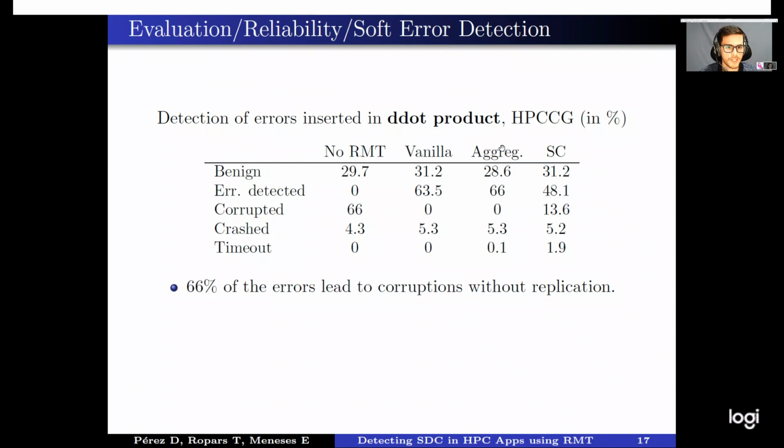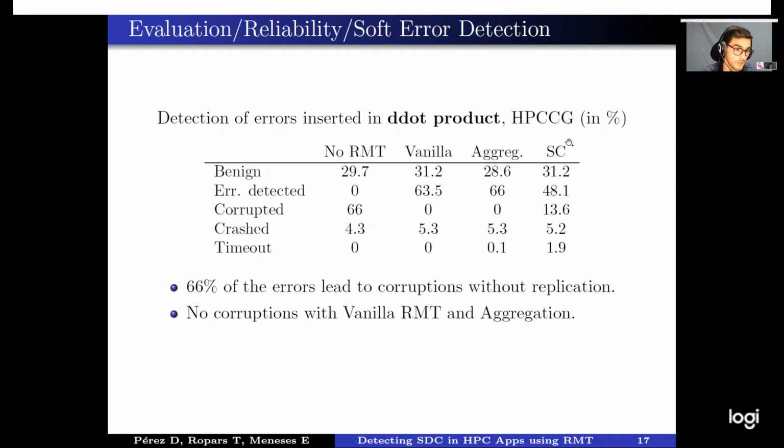If we take a look at the vanilla approach and the aggregation approach, we see that there are no corrupted executions, which is quite desirable. This means that the technique was able to detect pretty much all the errors that would have corrupted the final result. That is why we see this high percentage of error detection. These two levels of optimization are able to detect all errors that would have corrupted the execution.